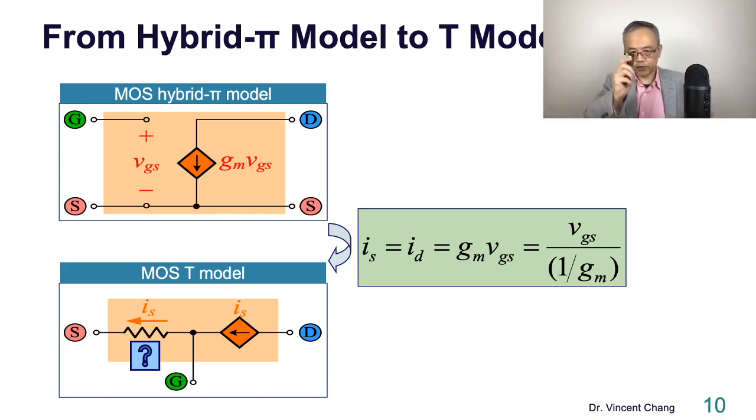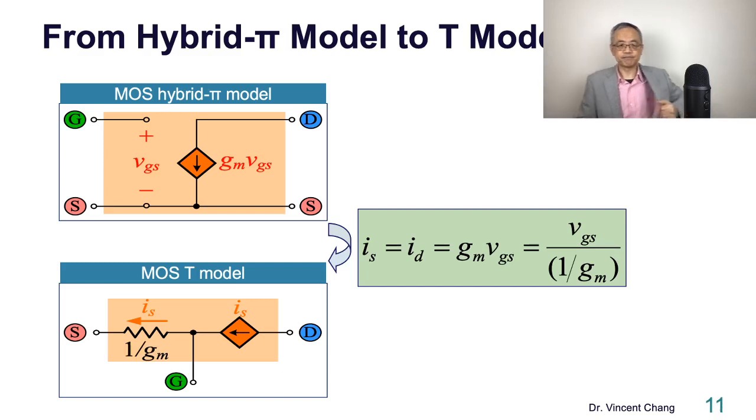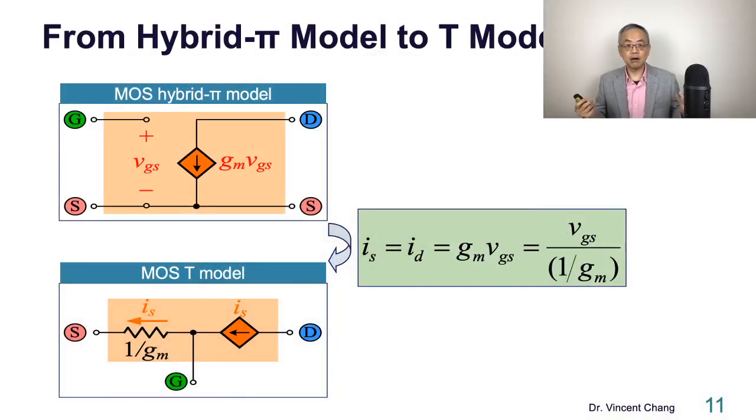What's the proper description for the resistor where the question mark is located? 1 over Gm. Why? Ohm's law.